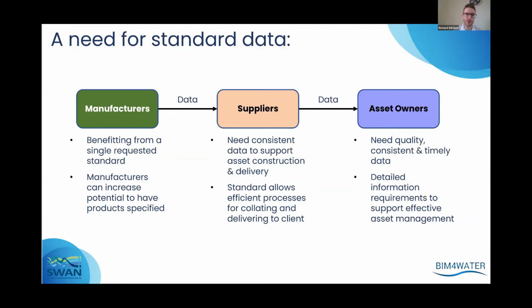On the right-hand side of this slide, you can see asset owners, they need quality, consistent, and timely data to manage their assets. A standard can help them do that. They also need a standard to help them specify their detailed asset requirements, asset information requirements, I should say. In the middle, suppliers need data to support asset construction and delivery, and having a standard will enable them to implement effective processes for collating the data required on a project and also delivering it through to client asset owners to meet their needs.